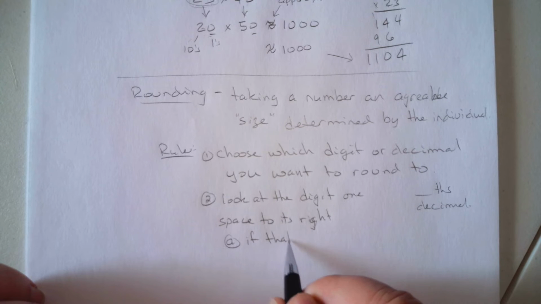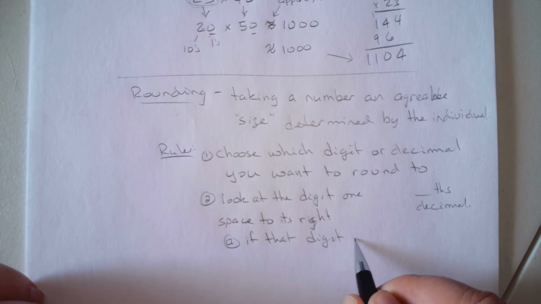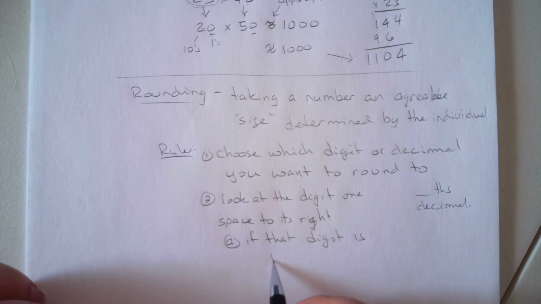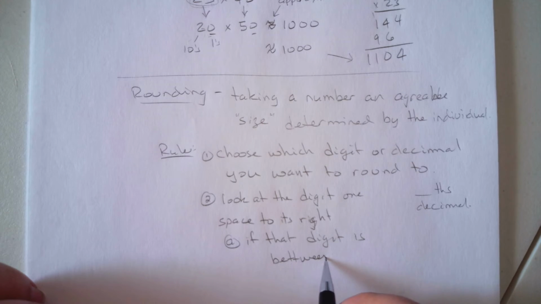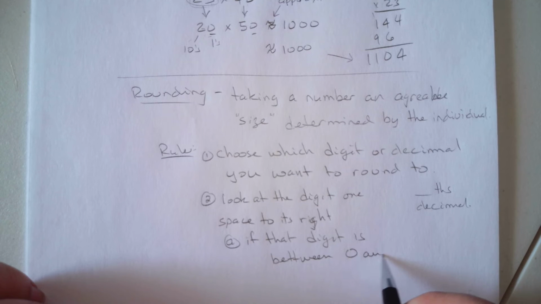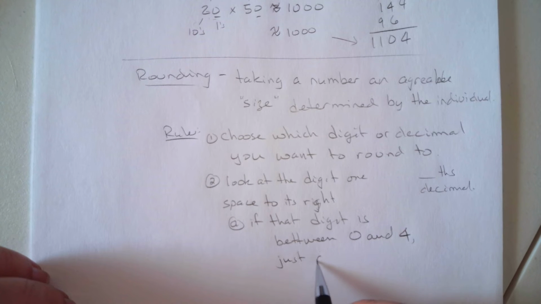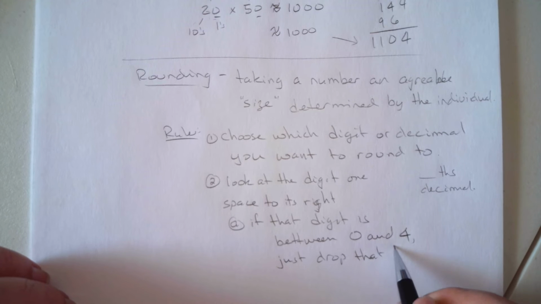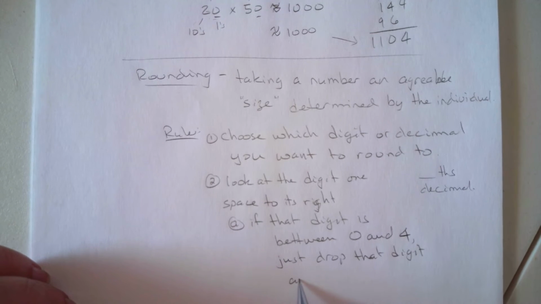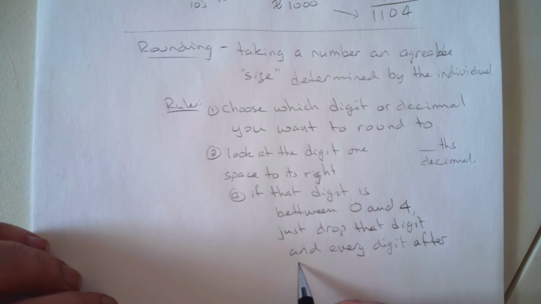If that digit is between 0 and 4, just drop that digit and every digit after if it's a decimal.